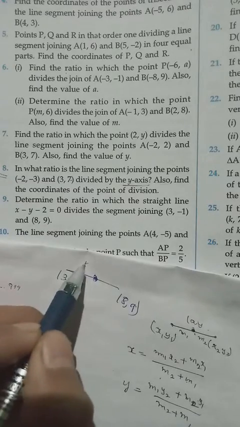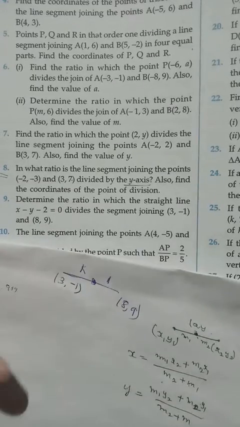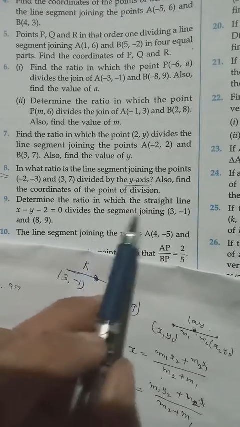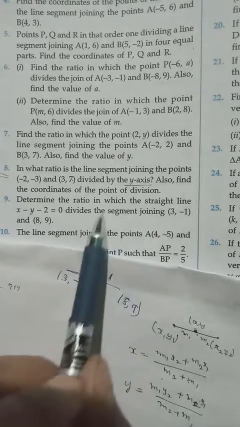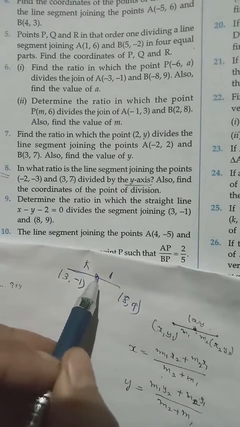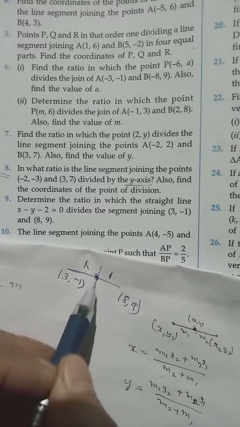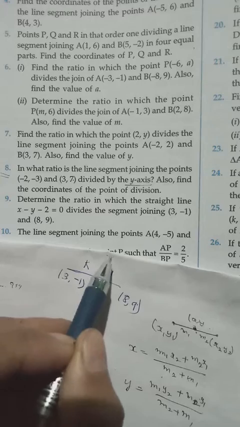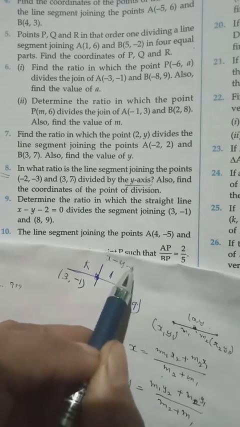What to do? The ratio we can take as k:1. This point which divides these two in the ratio is on the line x minus y minus 2.